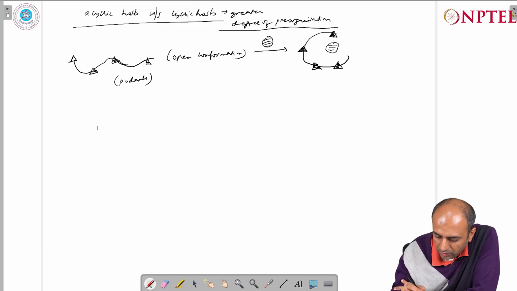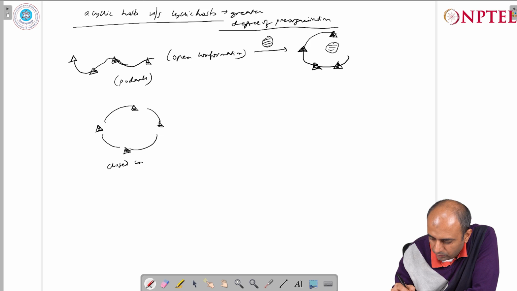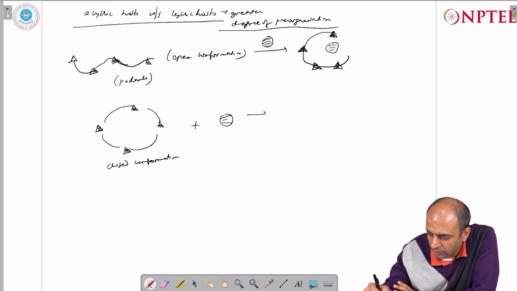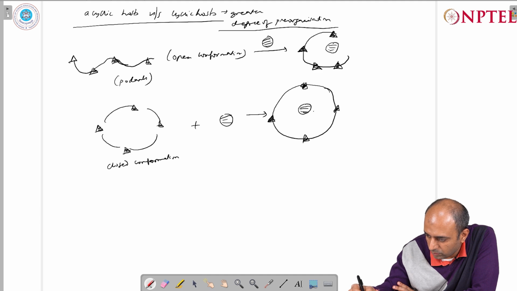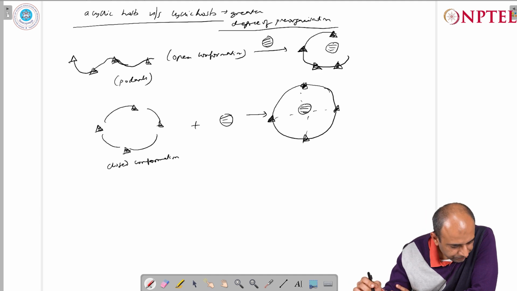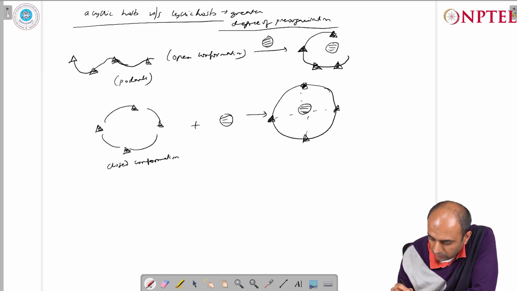Then we can have a pre-organized ligand, for example, already having a cyclic structure where these are the donor atoms, and this is called a closed conformation, and then we have the guest. So, it forms a complex, and this is a cyclic host.